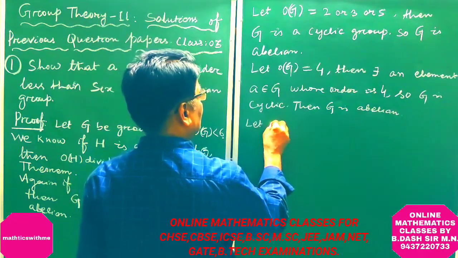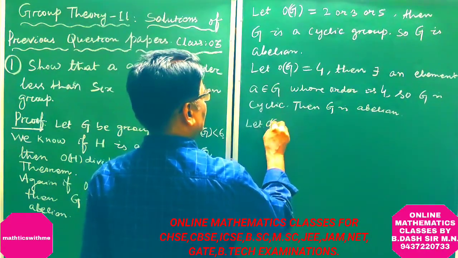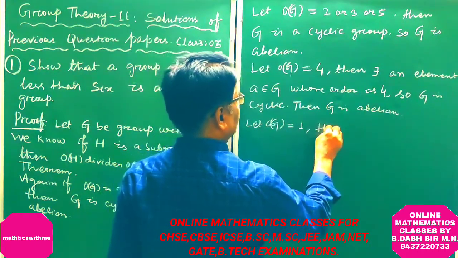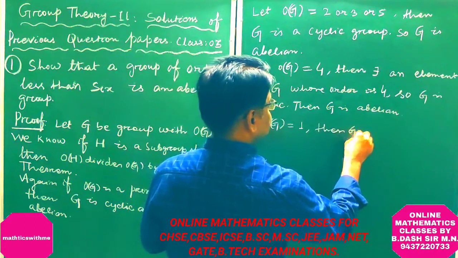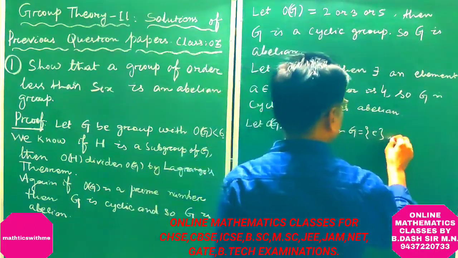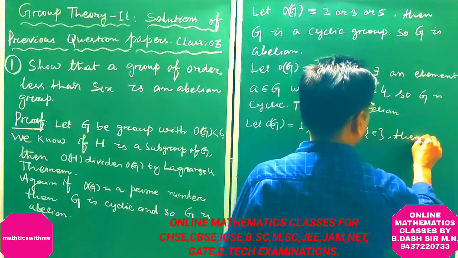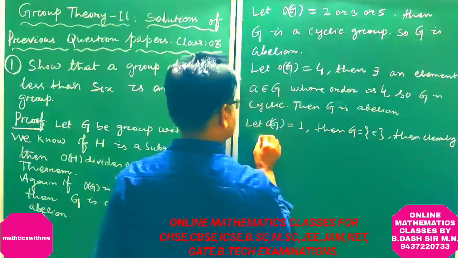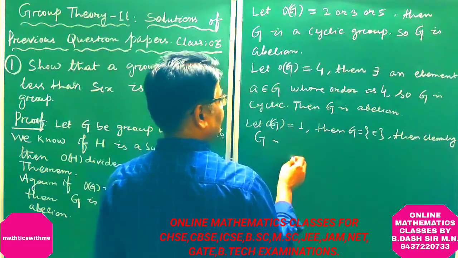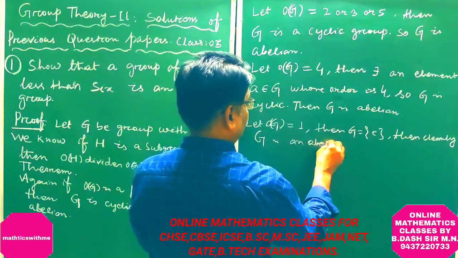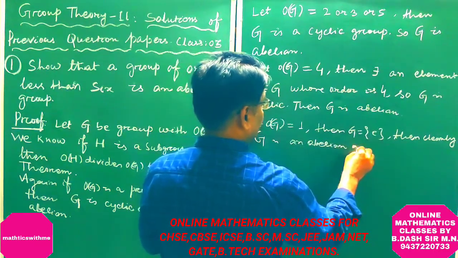Let order of G be equal to 1. Then G is equal to {e}. Then clearly G is an abelian group.